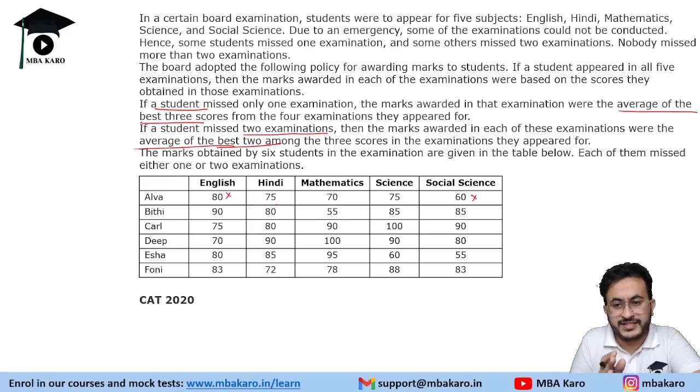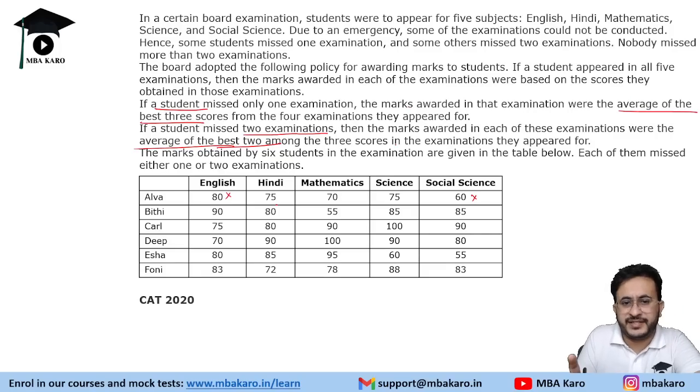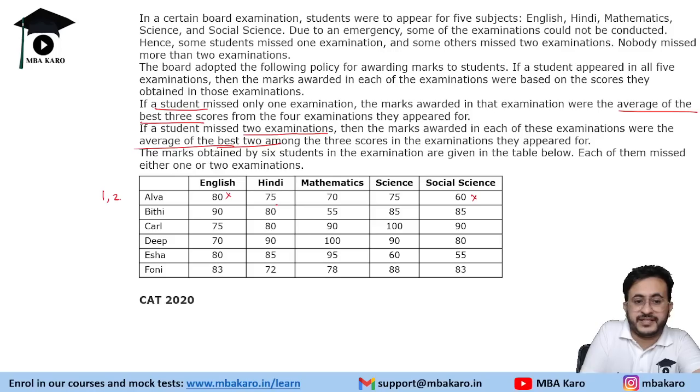Okay. Now, what does it say? The question says that if you miss one examination, then the average of the best three scores is taken. Okay. So we do not know whether a person is missing one examination or two exams. So we will have to make cases. Suppose a person is missing only one examination. So we will take the top three values, 80, 75.